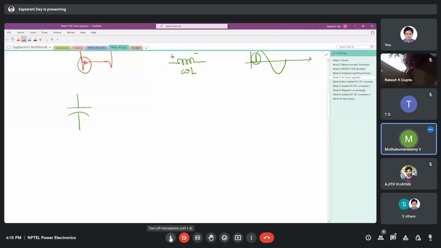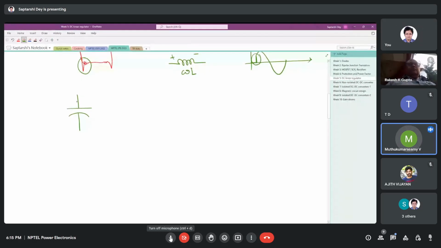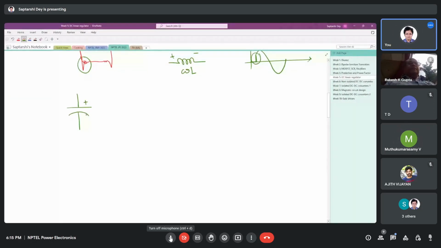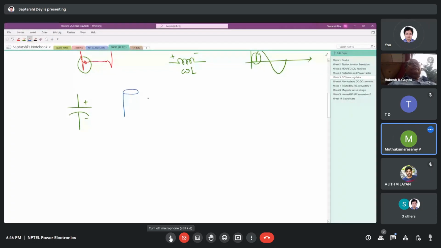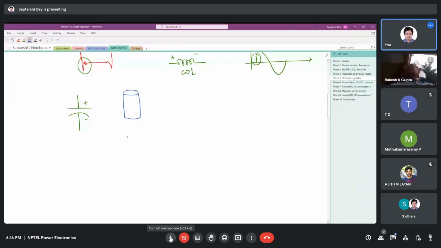Yes, sir. This symbol represents polarized, right, sir? You should say electrolytic capacitor. Have you seen electrolytic capacitors? No, sir, that cylindrical shape one, I don't know. It looks like this, and it has leads.